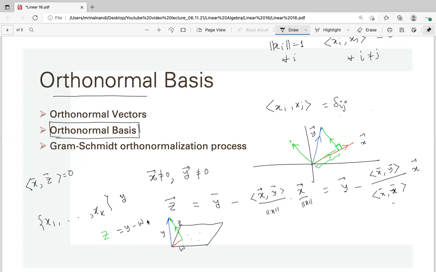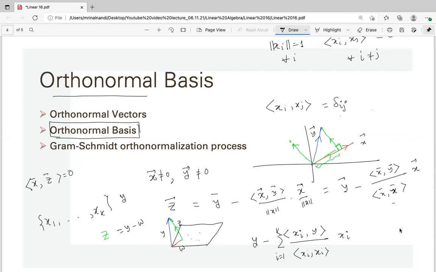So how do we find w? w is clearly the dot product between every xi and y, divided by the norm, which is 1 if it is normalized, then summed over i equal to 1 to k, times xi.